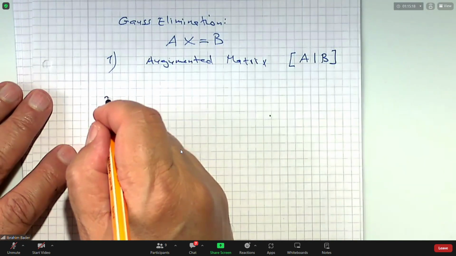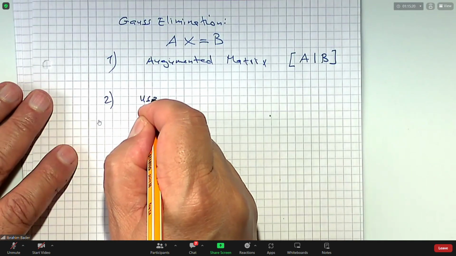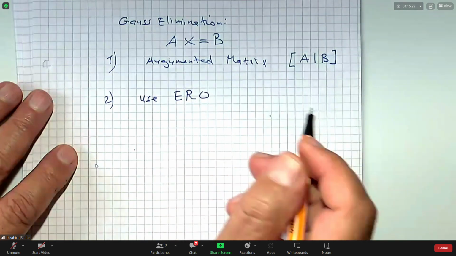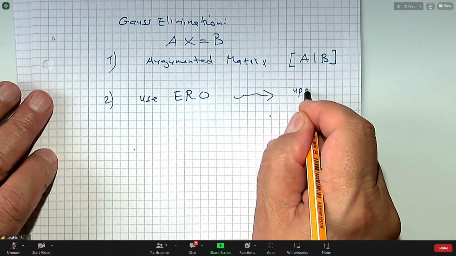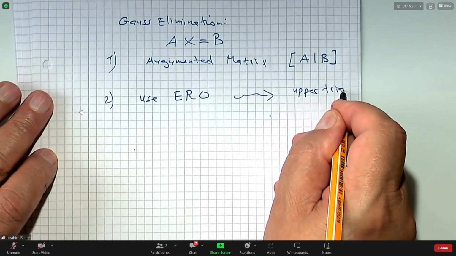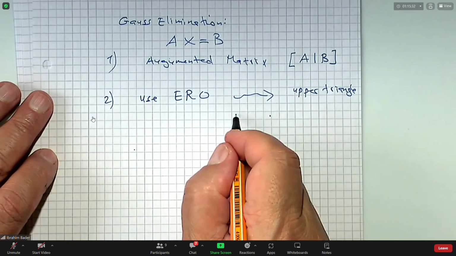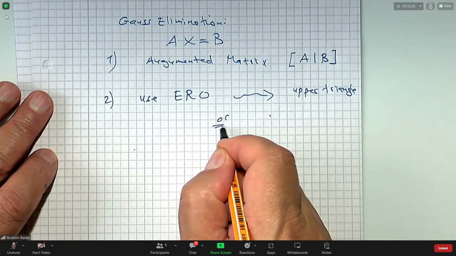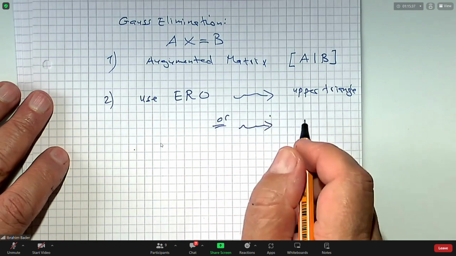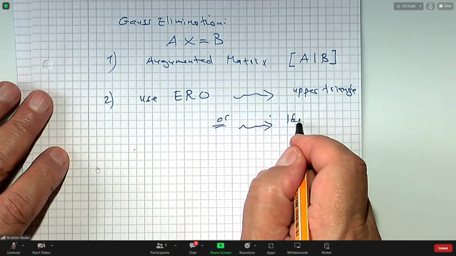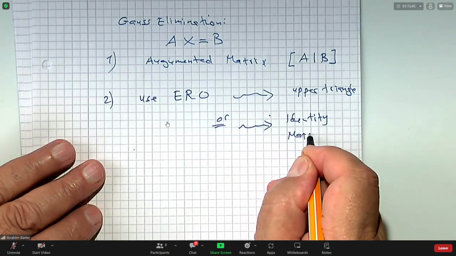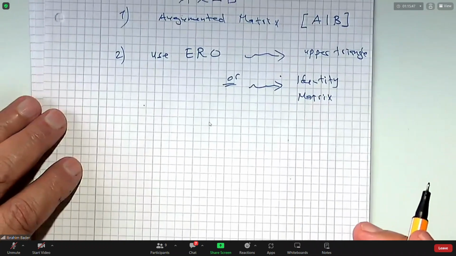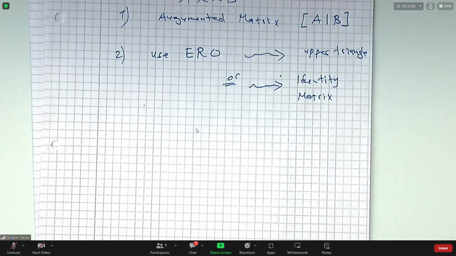Then use the elementary row operations to get to upper triangular form, or if you want, go to the reduced echelon form, to the identity matrix. So this is a summary of the method, and I urge you to work systematically.